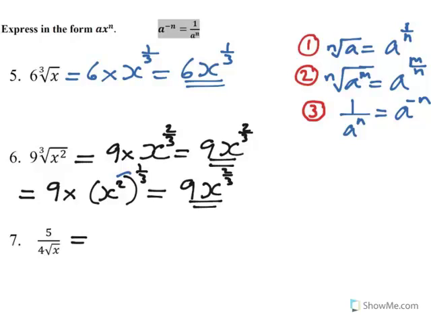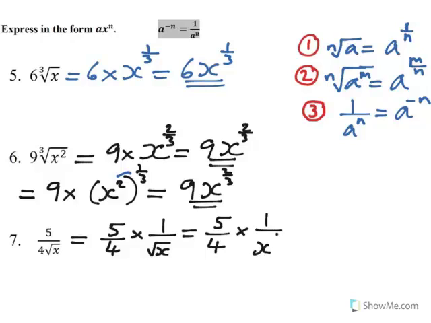This next one, we need to think of it as 5/4 times 1 over the root of x. And what do we mean by root of x? What power is it? Based on rule 1, n is 2. So it's x to the power of a half.